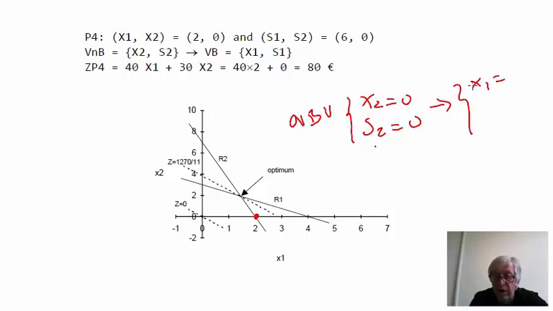So x1 we already know is 2, and we will get the value of s1. Because we are far from this boundary, s1 must be greater than 0, and in fact, if we use the system of equations, we get s1 equal to 6. If we use the coordinates of this point, we get the value of z as 80 euros.